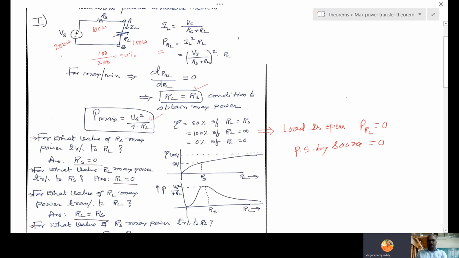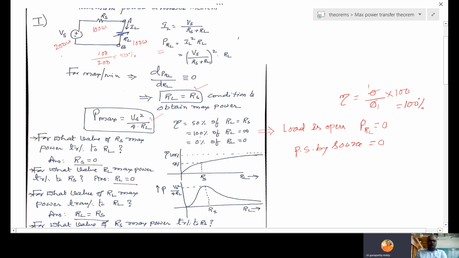Then what is the efficiency formula? 0 is dissipated in the load, 0 is supplied, so it is taken as 100%.